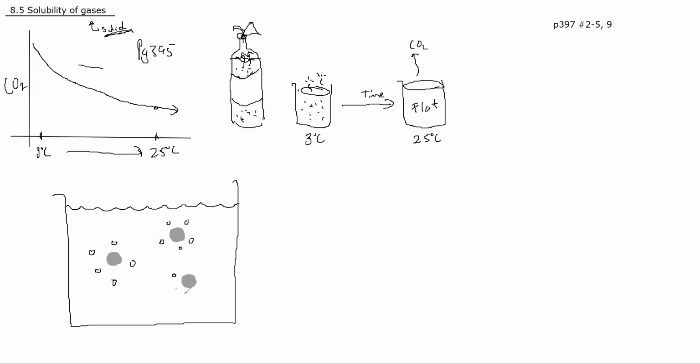They are all moving about like crazy. And this is at 3 degrees Celsius. If this cup of pop warms up, in other words, it gains more heat, it gains kinetic energy, then the movement of these molecules will begin to increase.